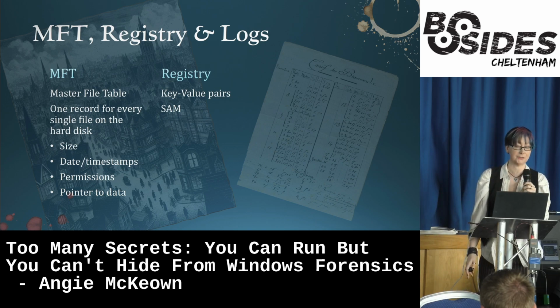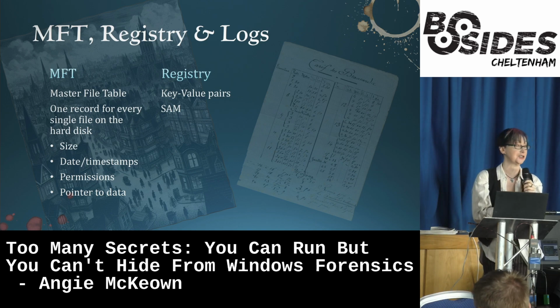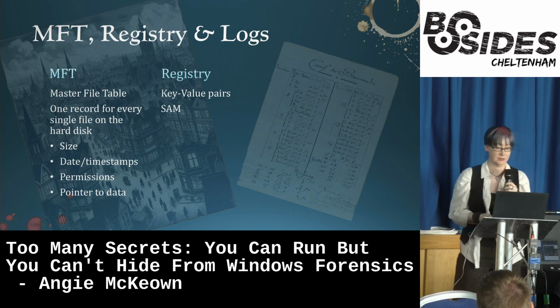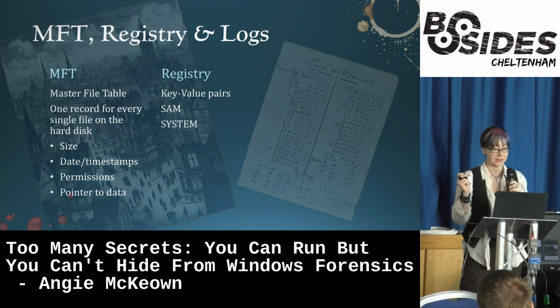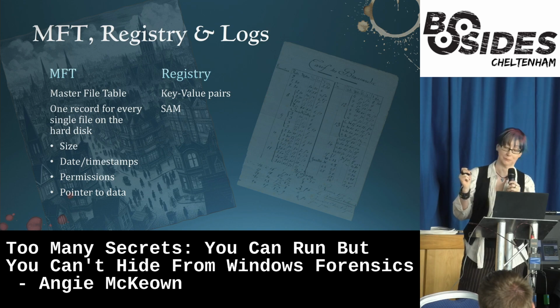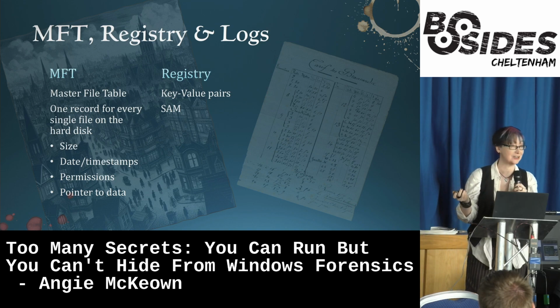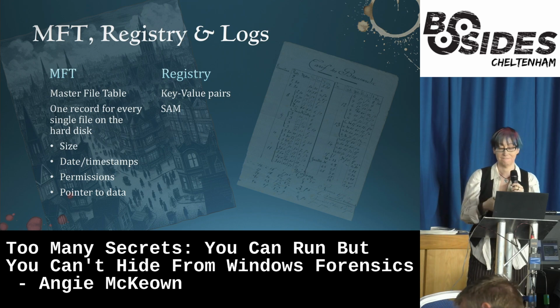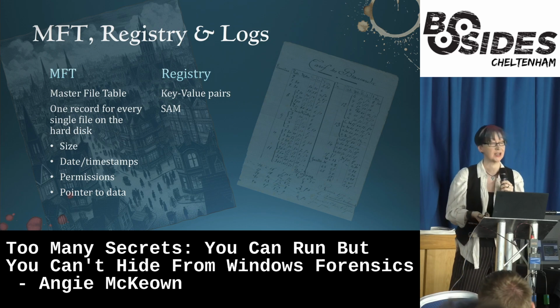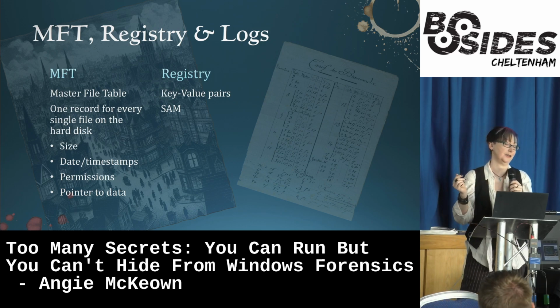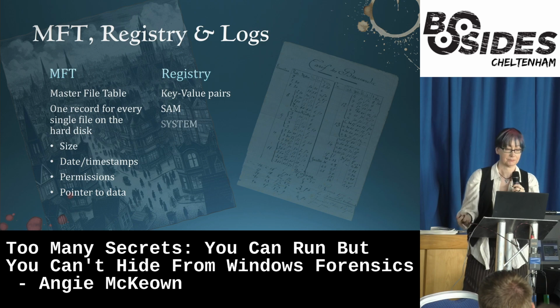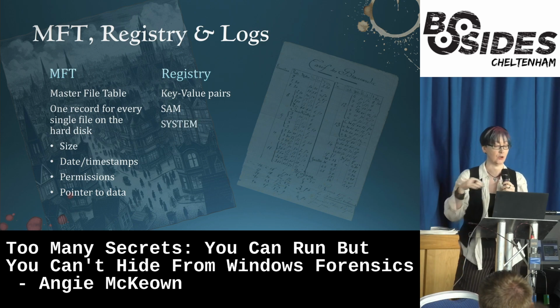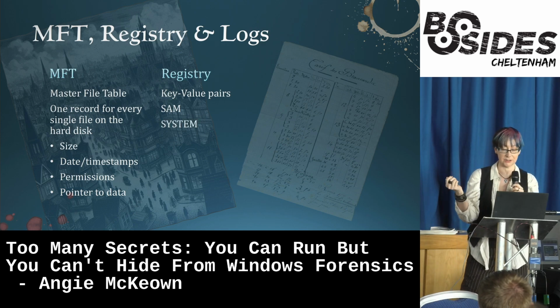And there are a few key hives that have the kind of information we know we might need for an investigation. And these are the SAM hive. So that has user info, ID numbers, account creation, last login times, last failed login times, and also some metadata about any cloud accounts associated. The system hive is all operating system settings and services.